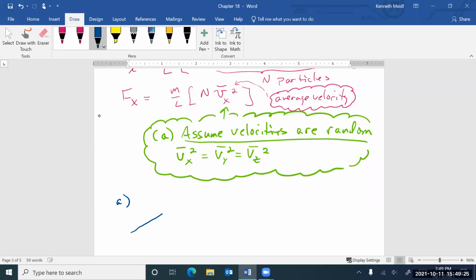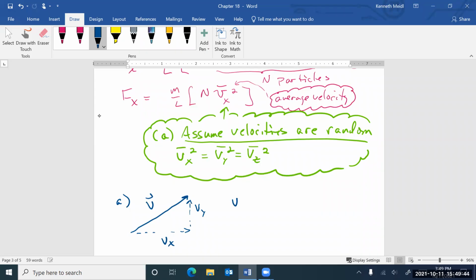So you've got a particle, let's say this is the velocity vector. It's got some velocity in the x direction. It's got a component in the x direction. It's got a component in the y direction. And it has some component in the z direction as well.